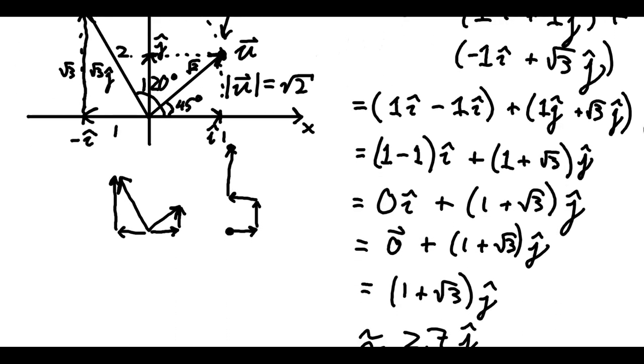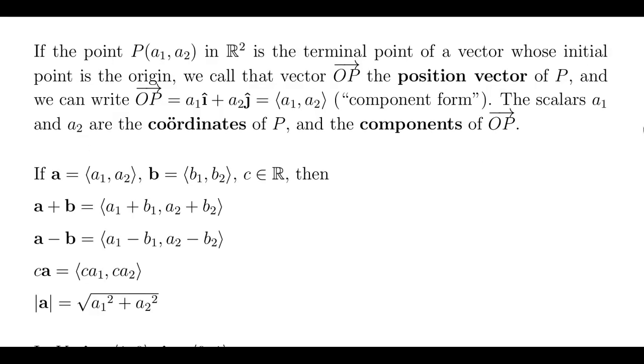This turns out to be extremely useful, so useful we give it a shorthand notation that requires even less writing than the i's and j's and whatnot. So here's a definition, somewhat lengthy. If the point P with coordinates a1, a2 in R2, so let me draw a quick illustration.